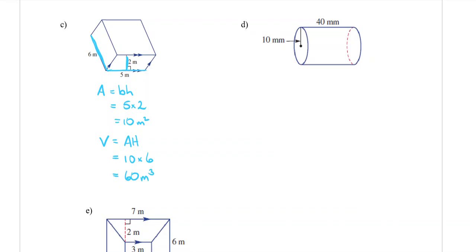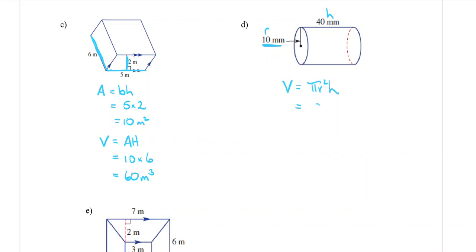D is a cylinder. So the cylinder has its own special formula, which is V equals pi r squared h. The radius will be the 10, and the height will be the 40. So make sure the radius is always the one in the circle, even if your cylinder can be turned all over the place.